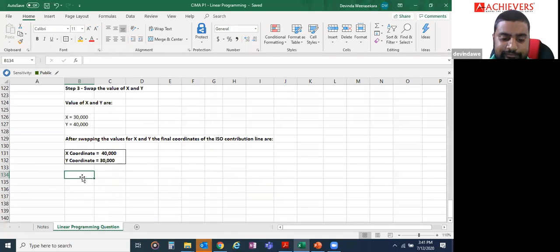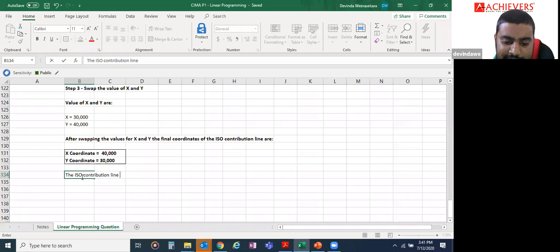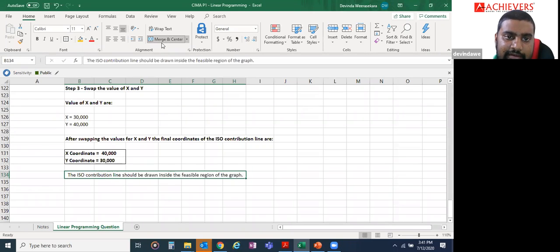So now the iso contribution line should be drawn inside the feasible region of the graph. Right.